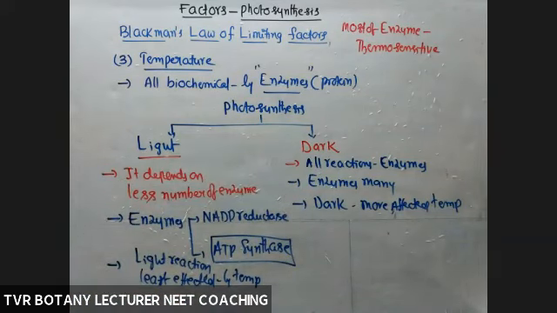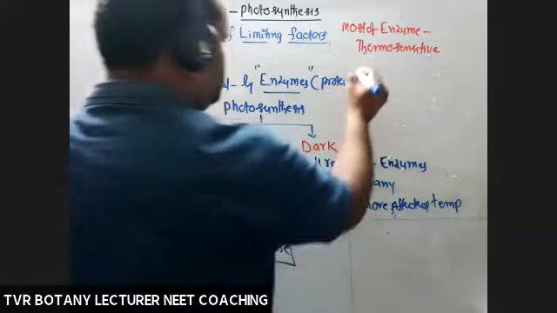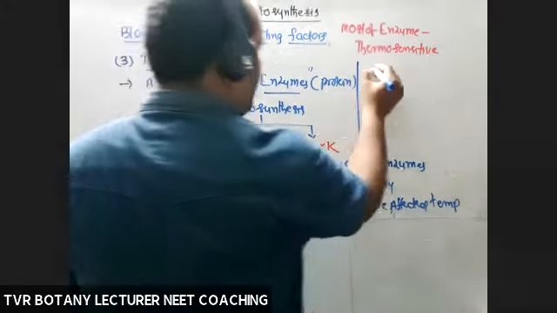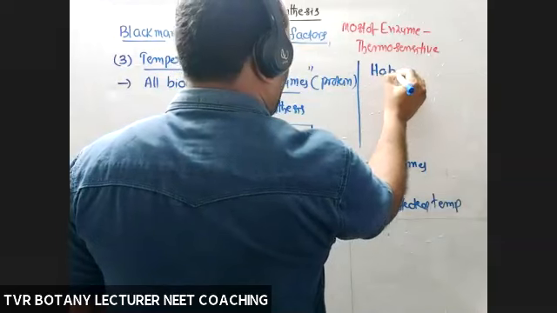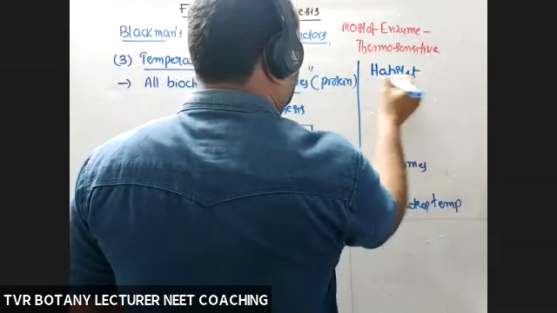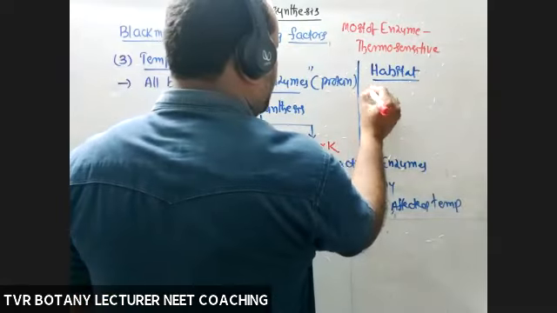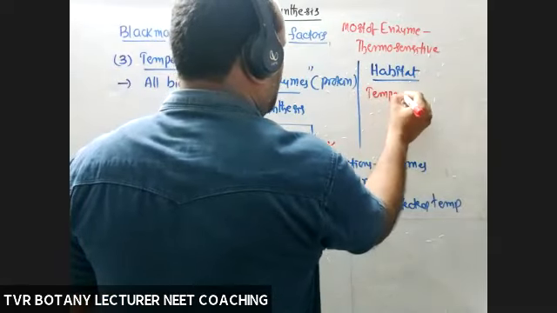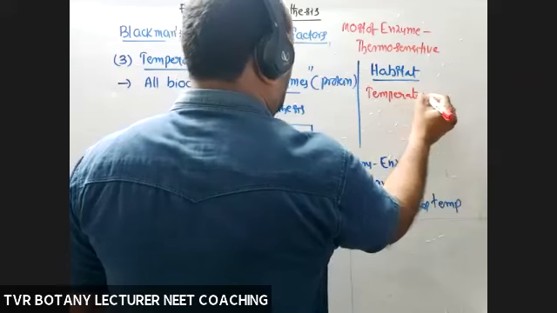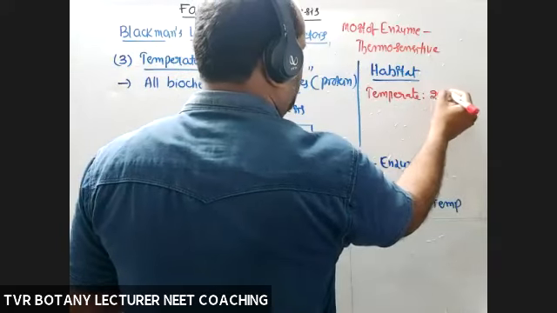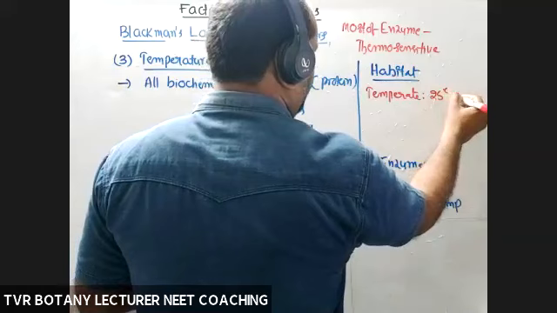So optimum temperature depends on the type of the plant and the habitat. Habitat decides the optimum temperature. For example, in temperate climatic conditions, optimum temperature is 25 to 30 degrees.